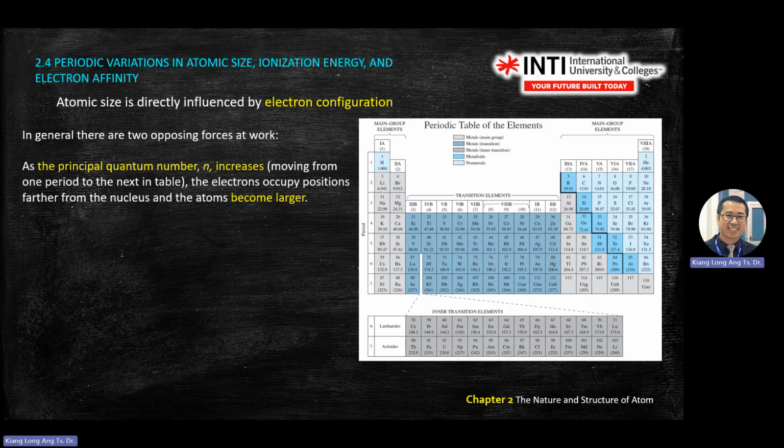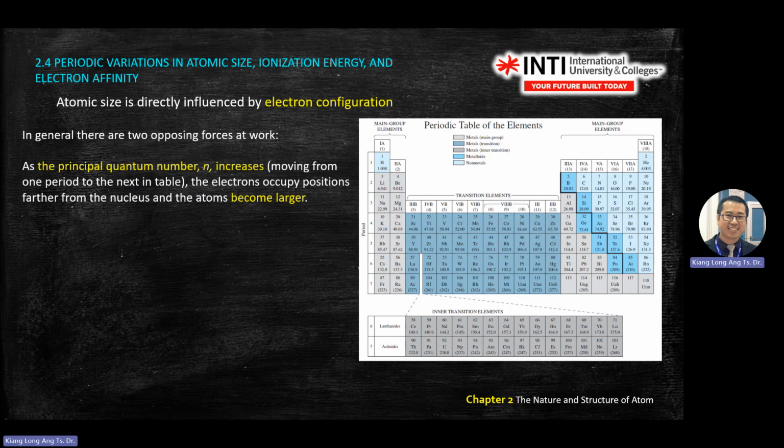So based on the n number, or quantum number, how do you know the quantum number? On the left-hand side of the periodic table, you see 1, 2, 3, 4, 5, 6, 7. This is the principal quantum number. So as you move down, you become bigger and bigger.